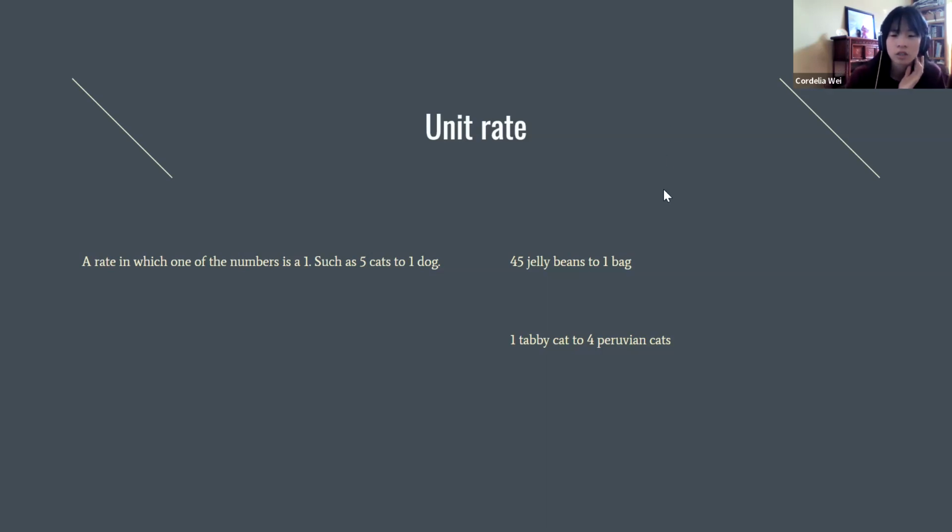It can just be like 5 cars to 1 tree. Seven trees to 1 car. Yeah, that could also be one, though I don't really get how that would happen in real life, but still, that is a unit rate.